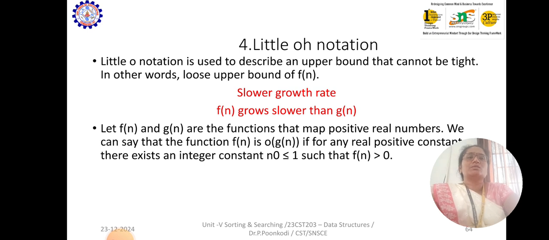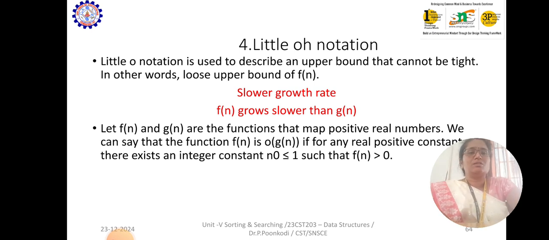Next we are going to discuss the little o notation. The little o notation is used to describe an upper bound that cannot be tight. It is a slower growth rate, and f of n grows slower than g of n.